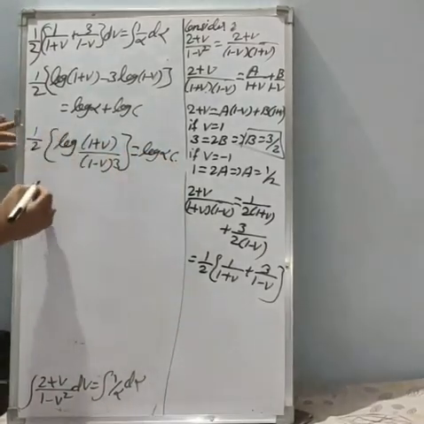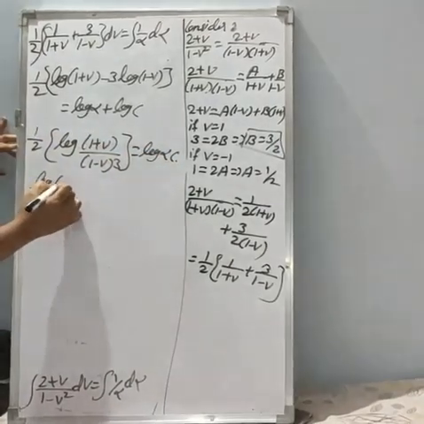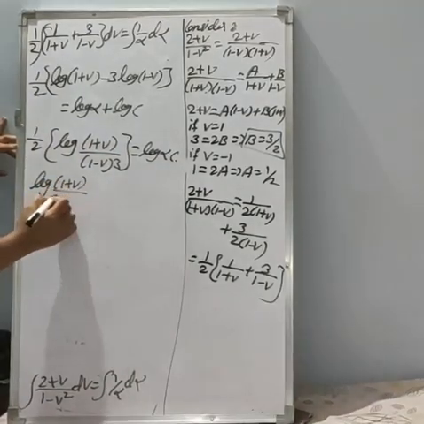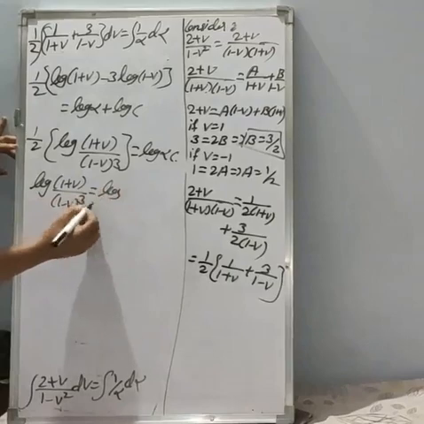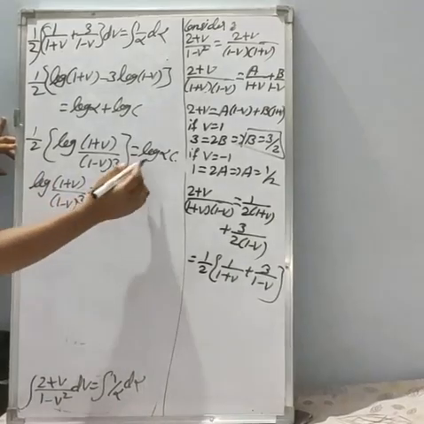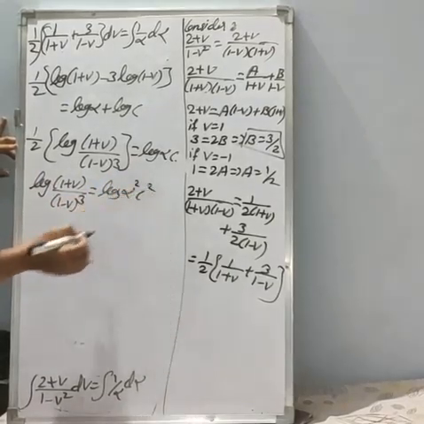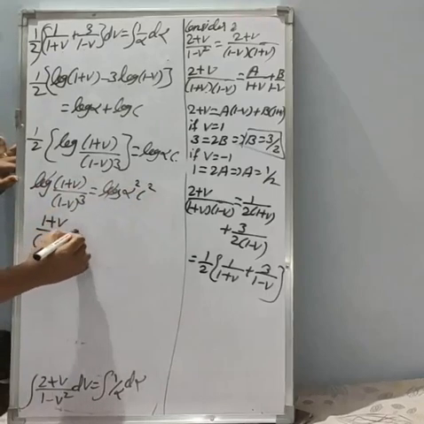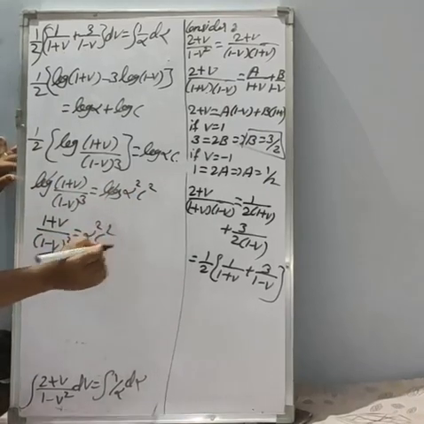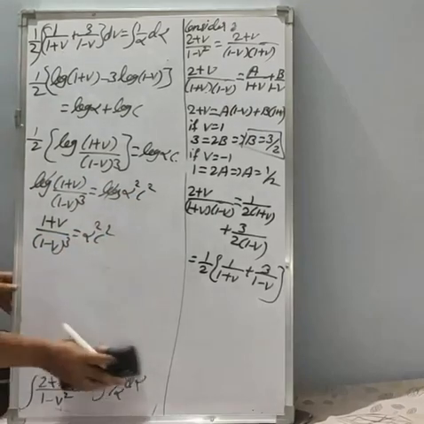Now transfer this 1 by 2 to that side. You will get log of 1 plus v divided by 1 minus v whole cube is equal to log. If you transfer this 2 here, you will get 2 log alpha c, that is log alpha square c square. Now the log gets cancelled. We remain with 1 plus v divided by 1 minus v whole cube is equal to alpha square into c square.